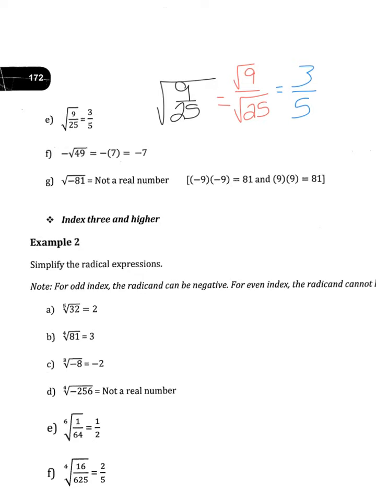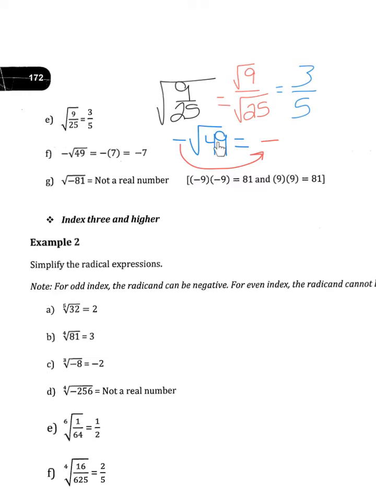The next example has a negative sign in front of the radical, so I'm going to rewrite that. Again, this negative sign being outside the radical has no effect on what happens in the radical. So that negative sign is just going to carry over to the front, and then you're just going to simplify inside the radical just like you did before.